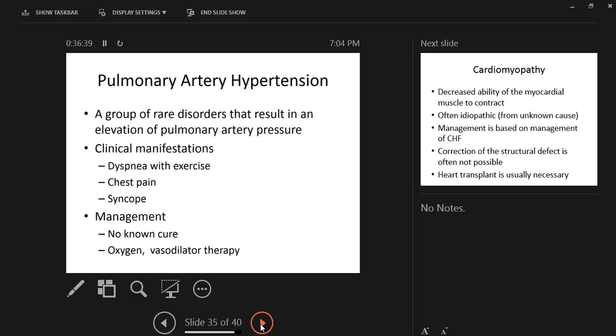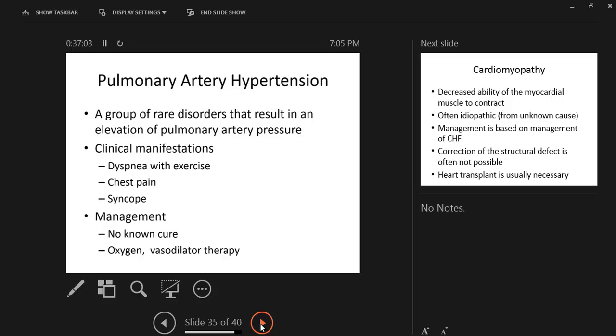Okay, a group of rare disorders that results in elevation of pulmonary artery pressure is pulmonary artery hypertension. Sometimes they don't know why this happens. I have heard of a little link of it to sleep apnea, which can certainly cause some backup of pulmonary artery circulation.